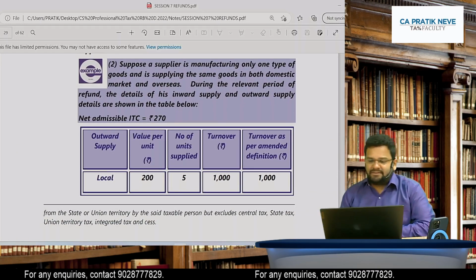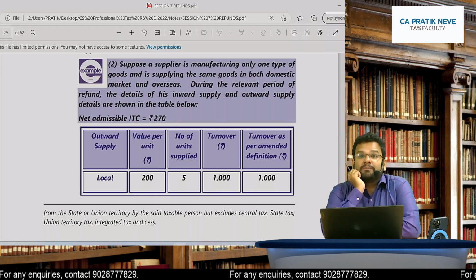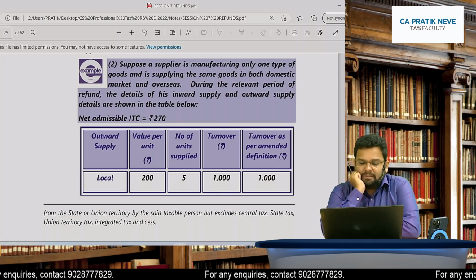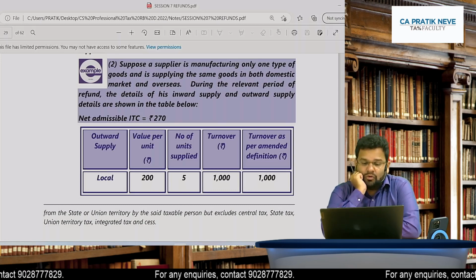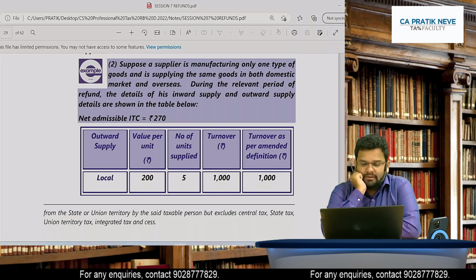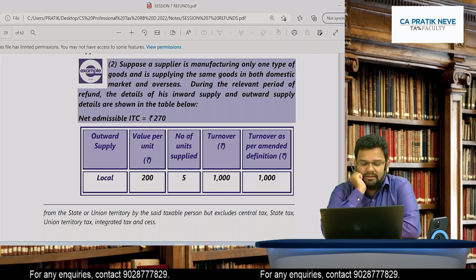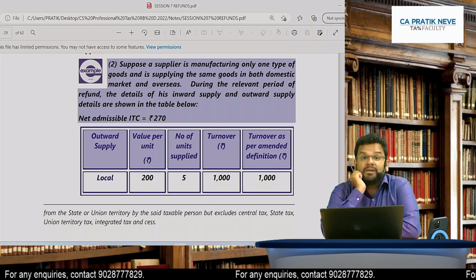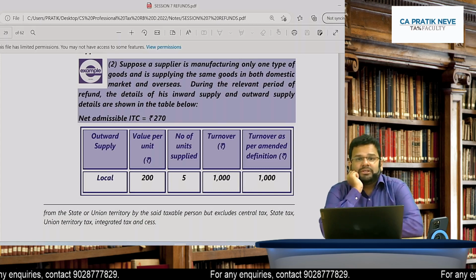See this now. Suppose a supplier is manufacturing only one type of goods and is supplying the same goods in both the domestic market and overseas. During the relevant period of refund, the details of his inward supply and outward supply are shown in the table below. Net ITC is how much?